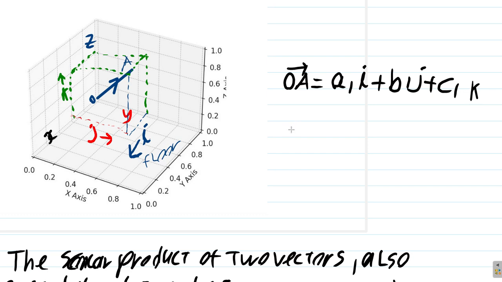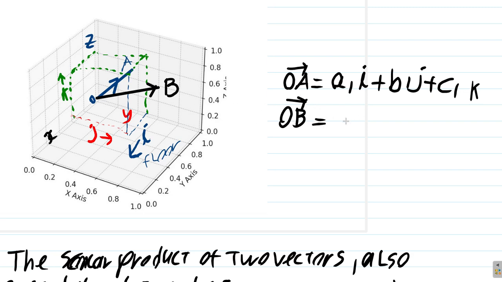Now suppose we have another vector. Let's say that other vector comes somewhere out here, and let's call it b. So we have OB.